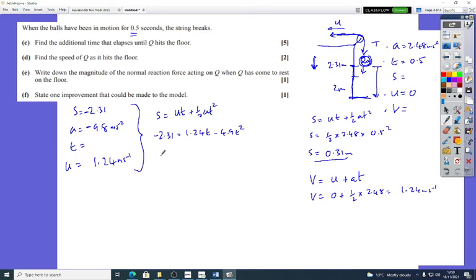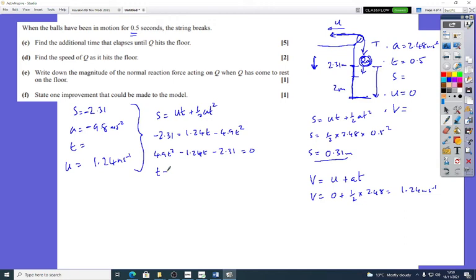If you bring all that to one side, you'll get 4.9 t squared minus 1.24 t minus 2.31 equals 0. Now simply put that in your calculator and solve it as a quadratic.